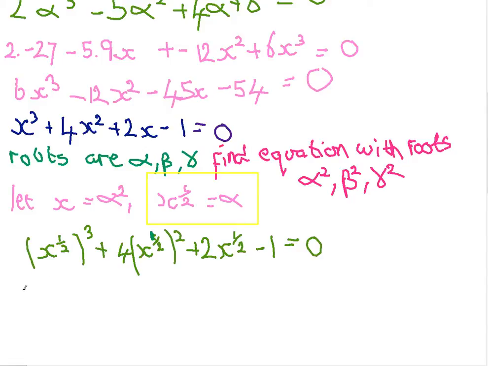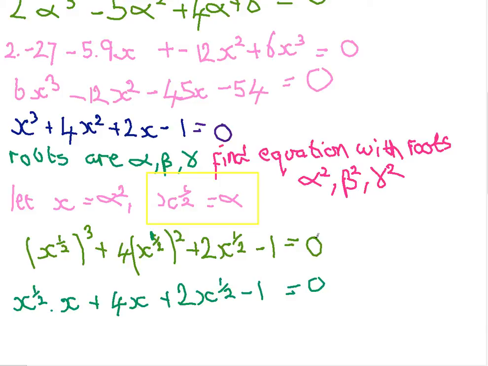We'll simplify this. That's x to the half times x plus 4x plus 2x to the half minus 1 equals 0. Take out the x to the half in brackets. X to the half into x plus 2 equals 1 minus 4x.